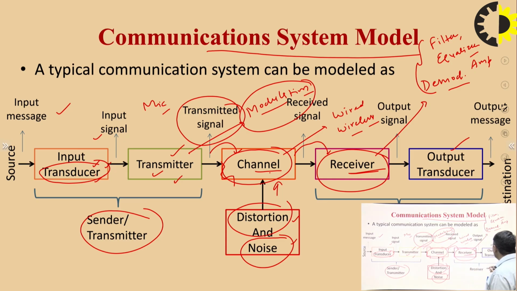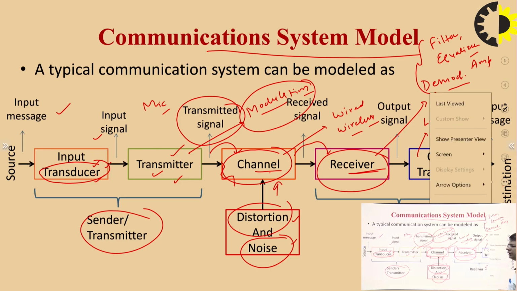So again, if we have to convert the electrical signal back into sound, we have to use some kind of loudspeaker. So a loudspeaker can be used as an output transducer. Okay, and finally the information reaches the destination site.